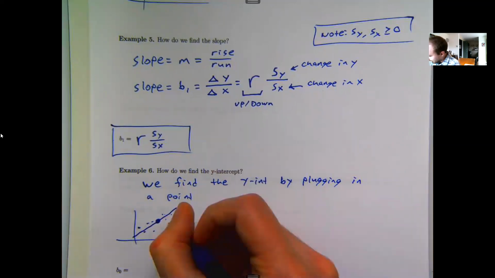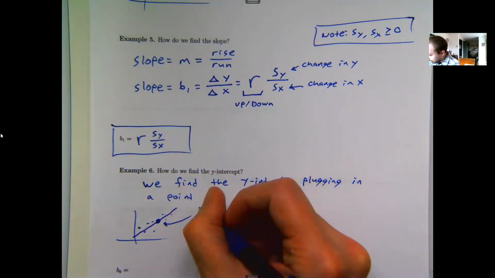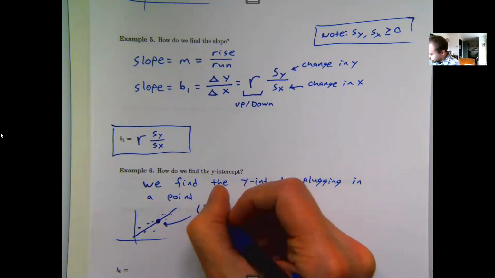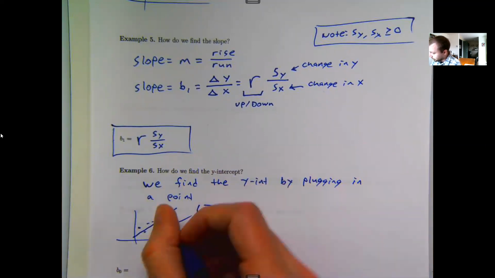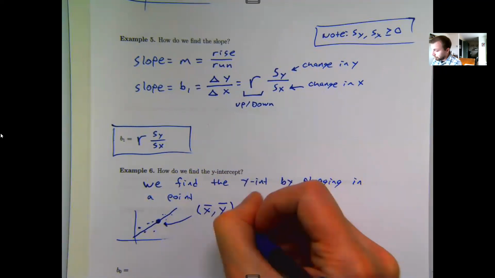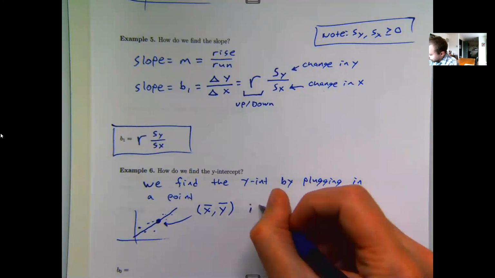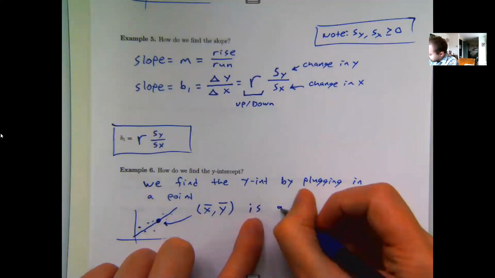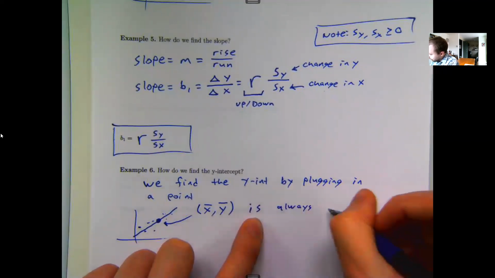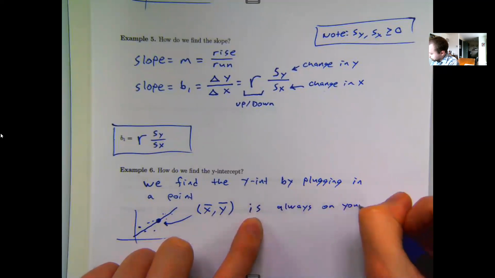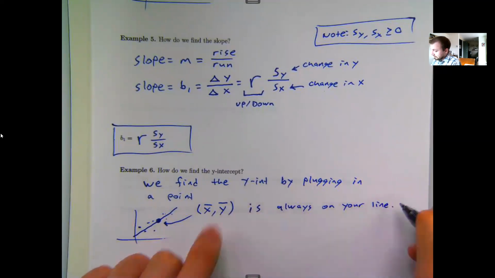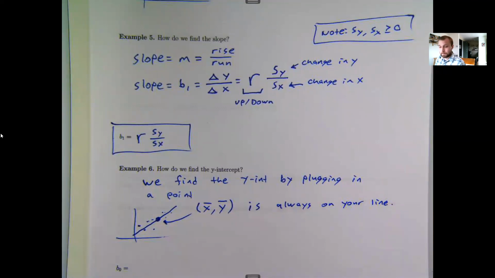This point that I have on my line for every single line is going to be in the middle of your x values and in the middle of your y values. Your predictions are strongest near the center. The further out you get from your data set, the worse your predictions are going to be. So X bar, Y bar is always on your line. It's in the middle of everything.